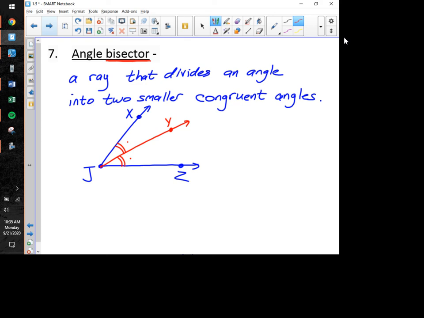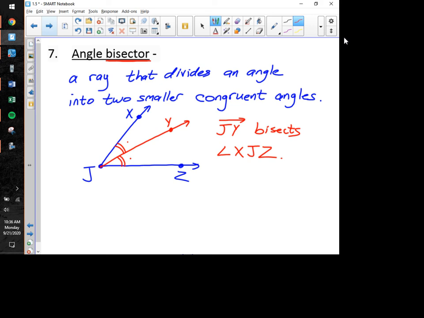And since those two angles are congruent, we can now conclude, everybody, that ray JY bisects angle XJZ, the big outer angle.